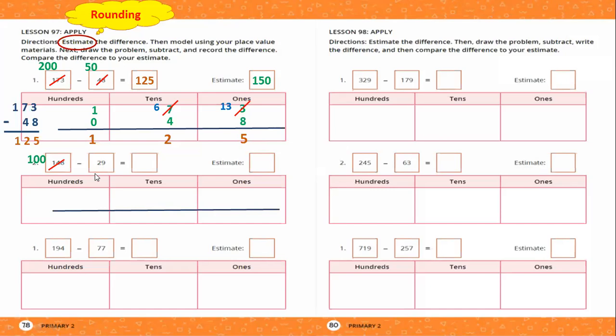So 29 rounds up to 30. 100 minus 30 equals 70. That is the result of the two estimated numbers. Till now, all of you understand this step?